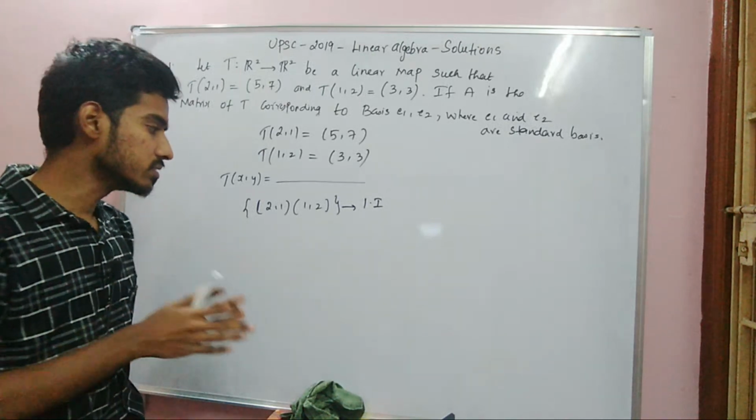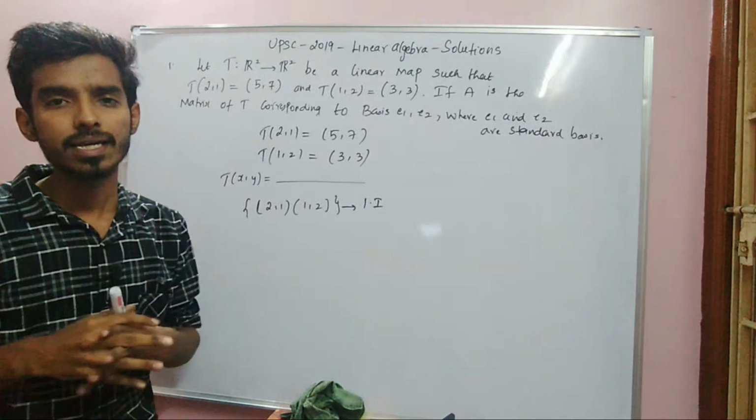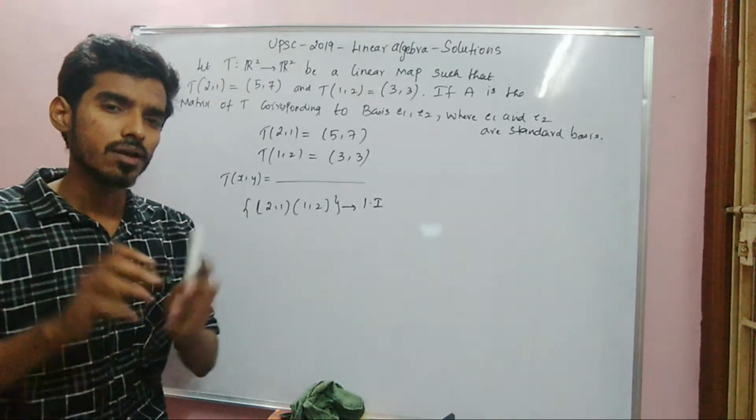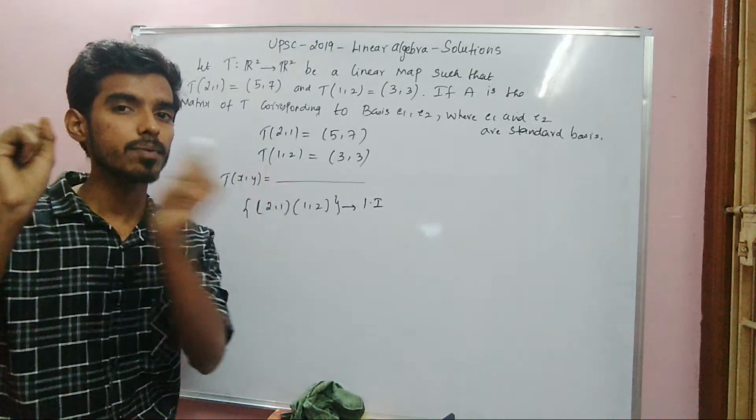The first is that if the determinant is non-zero, then it will always be linearly independent. Linearly independent means we cannot write one vector as a multiple of another vector.